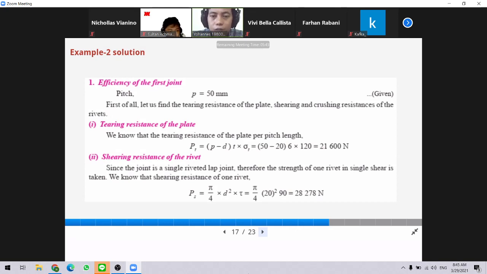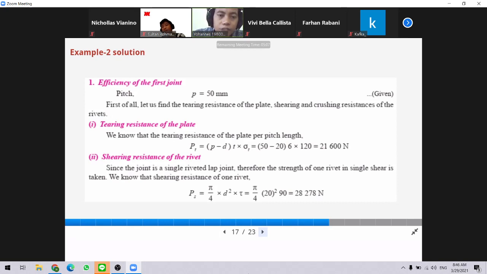It is the width of the plate minus 1 diameter of rivet, because we use only a single column there, multiplied by the thickness and times the tensile strength of the plate. So here we have 21 kilonewton, 21,600 Newton.